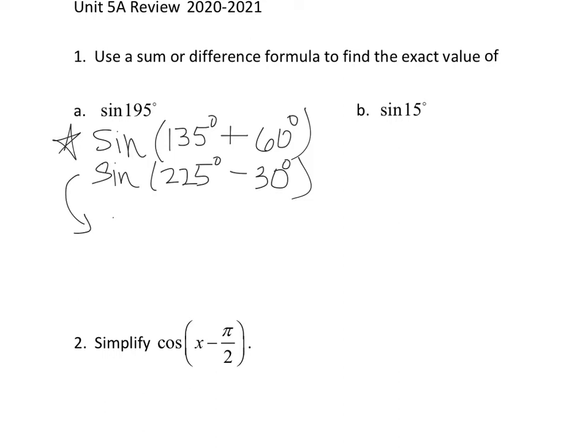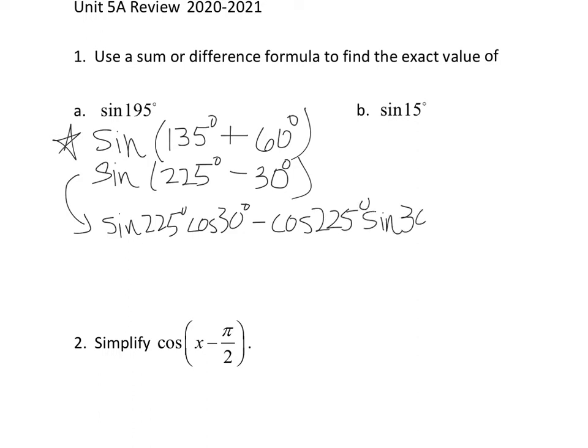So if we do sine difference, the formula goes sine of alpha, first angle, times cosine of beta. In this case, beta is 30 degrees. And then minus cosine of alpha, in this case our first angle is 225, times sine of beta, which is 30. Now we have all of our unit circle calculations.